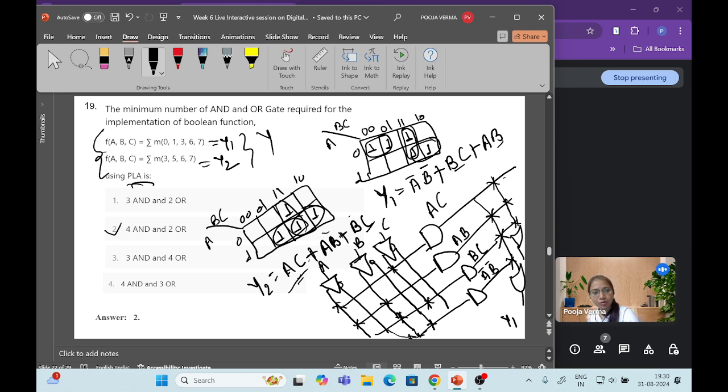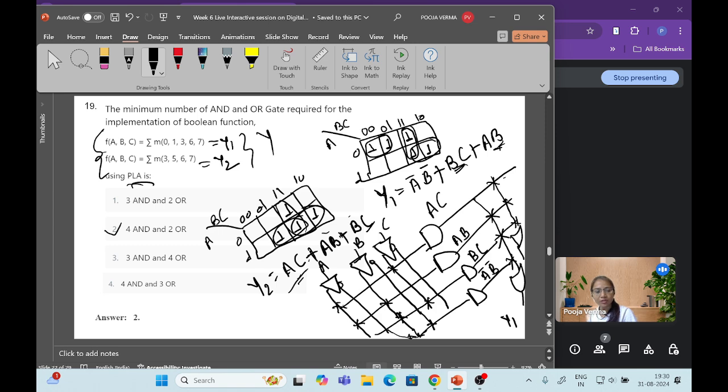There is no need to again make a BC bar and AB bar, or the circuit will be confused. Whatever is common in these two functions, just take it as a one. Okay. So I hope you understand this question.